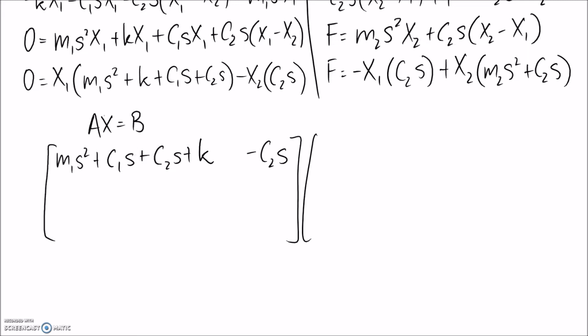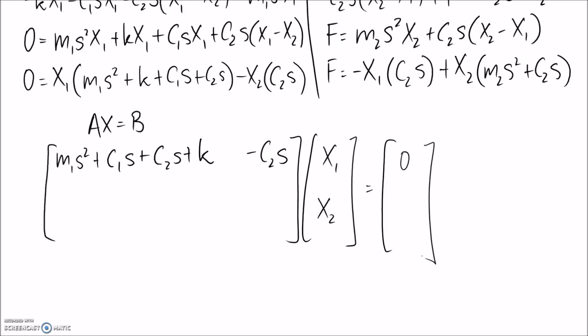So this one related to the x1, this relates to the x2, and then on the other side our constant is 0. So now we just need to do it for the other one. So in front of the x1 we have this, and x2 we have this, and the constant on the other side is F. Alright, so that's the matrix that needs solving.